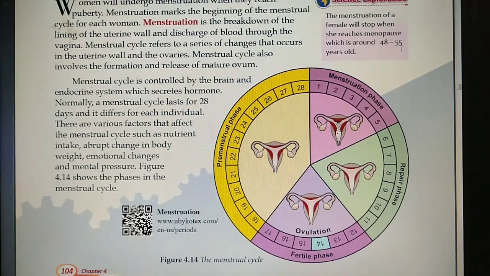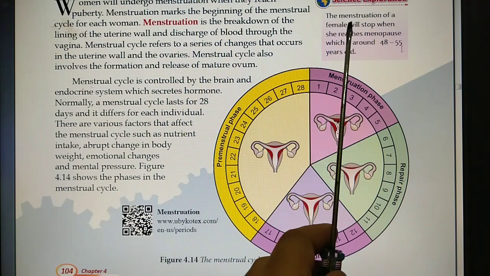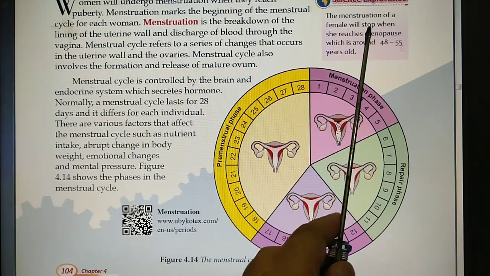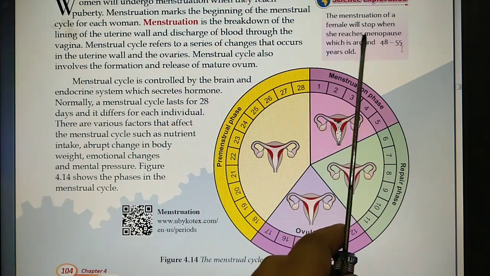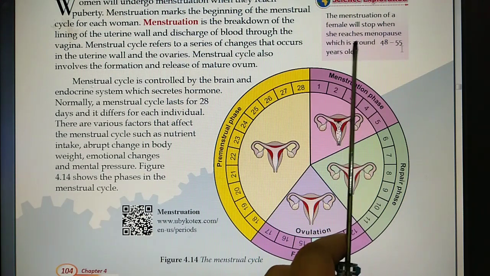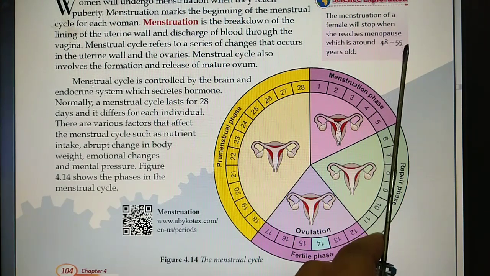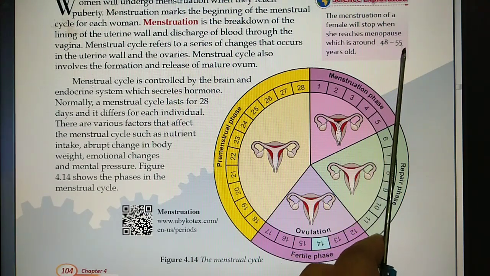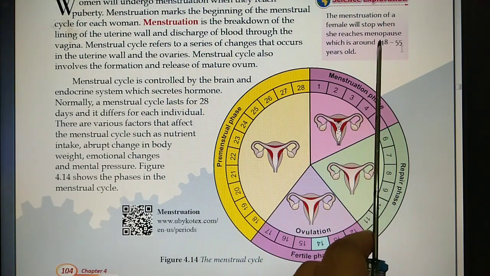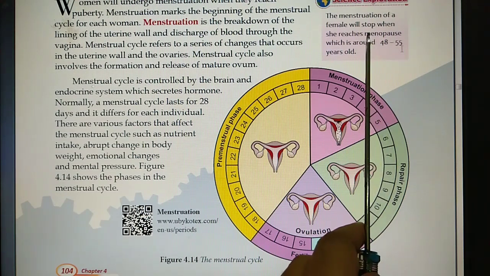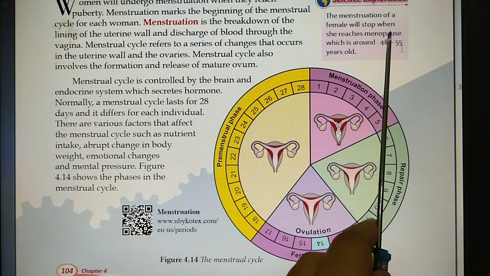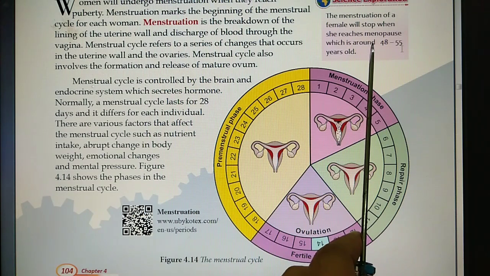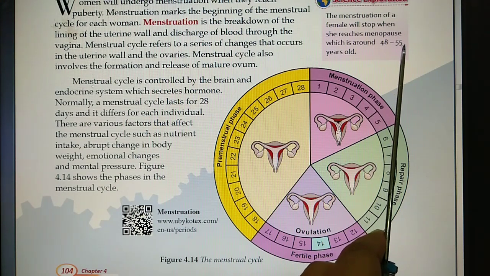For your information, the menstruation of a female will stop when she reaches menopause, which is around 48 to 55 years old, meaning that the menstrual cycle will stop around this age.